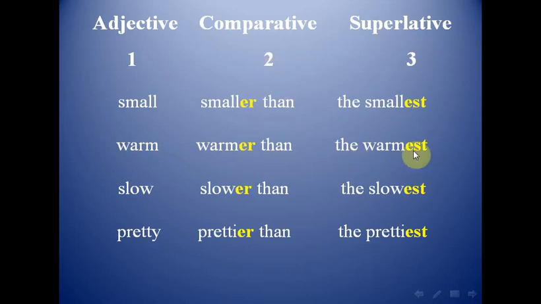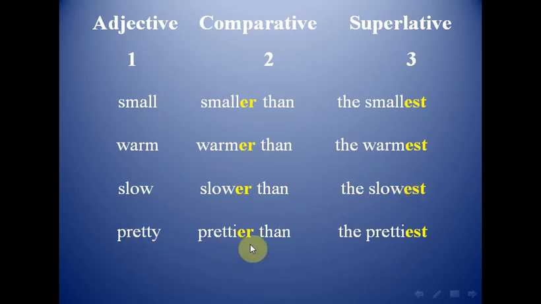We say the warmest if we're comparing three or more. For an adjective like slow, when we're comparing two, we add er. We say slower than. She is slower than me when I'm comparing two. And if I'm comparing three, I use the slowest and I add three letters, est.